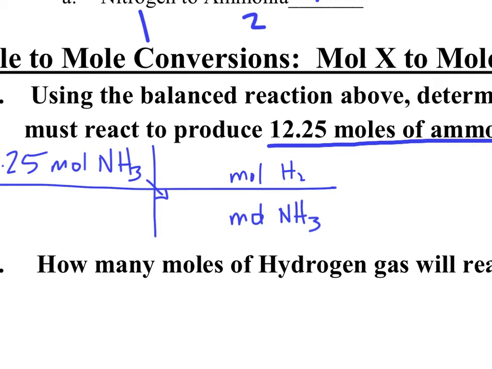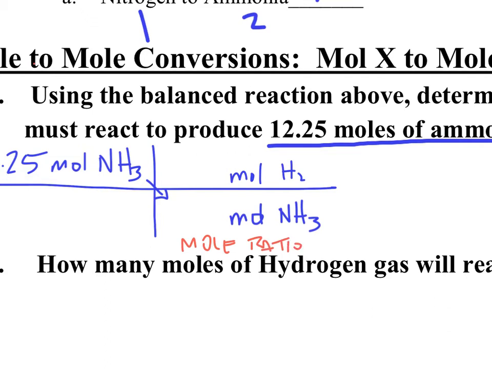Or moles to grams, it's got to be moles of the one substance to grams of the same substance. The only time I can go from moles of one substance to a different substance is if I go from moles to moles. This right here is my mole ratio. Okay, and this is where we look in the equation to determine it. This is my mole ratio.